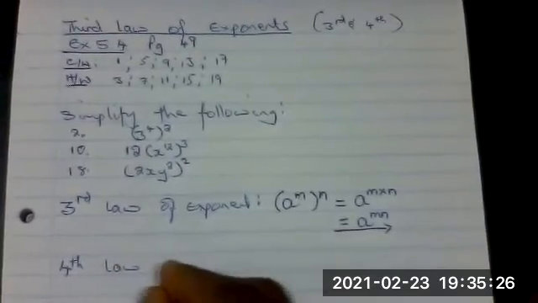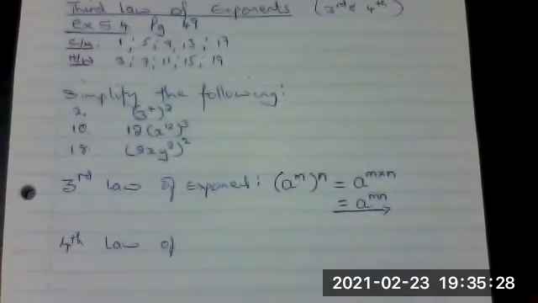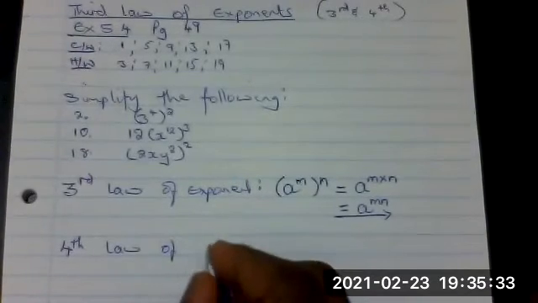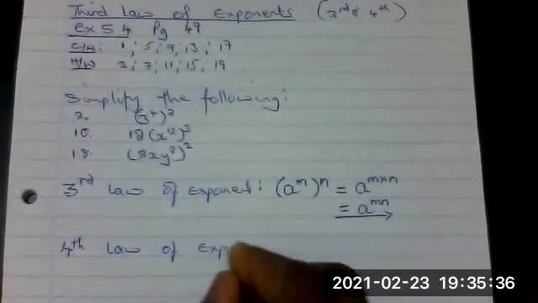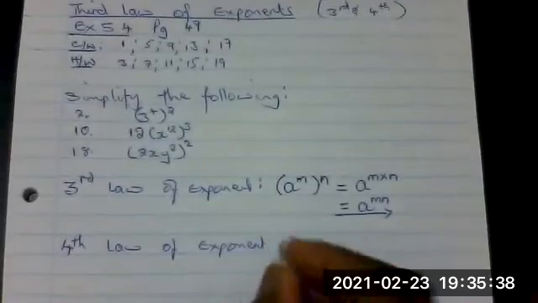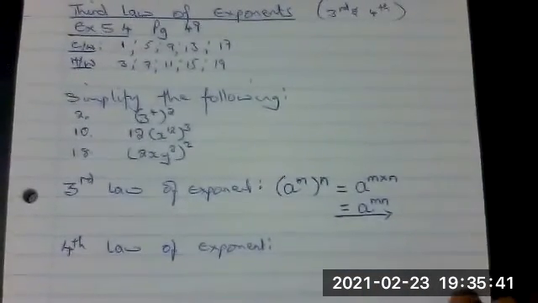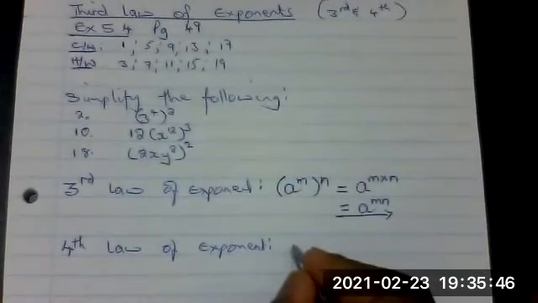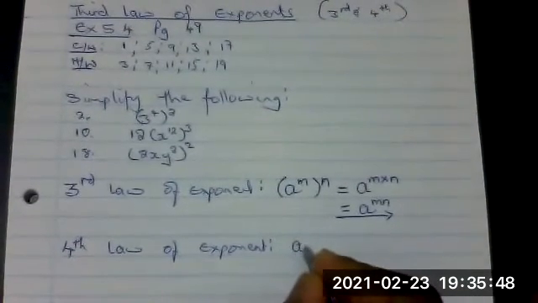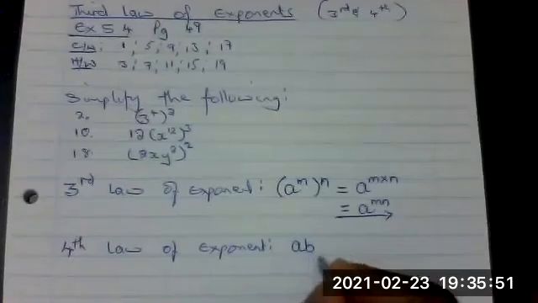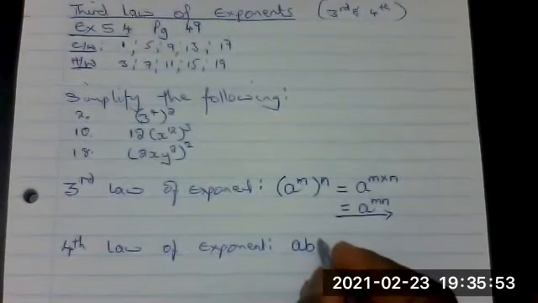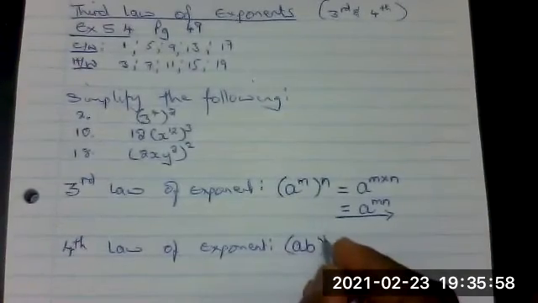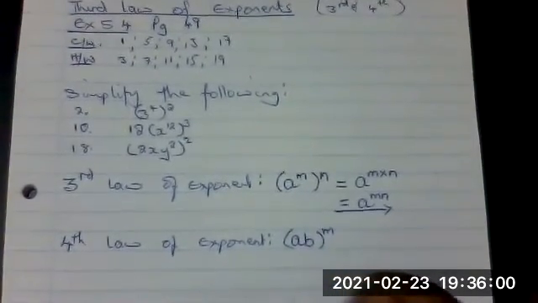The fourth law is an extension of the third law. In this case, we have a number that's a times b. This is our base. So we've got two bases that are multiplying each other, and these bases are raised to exponent m.